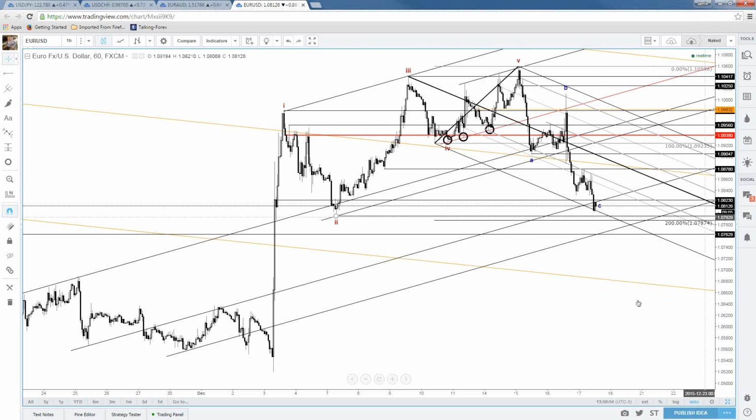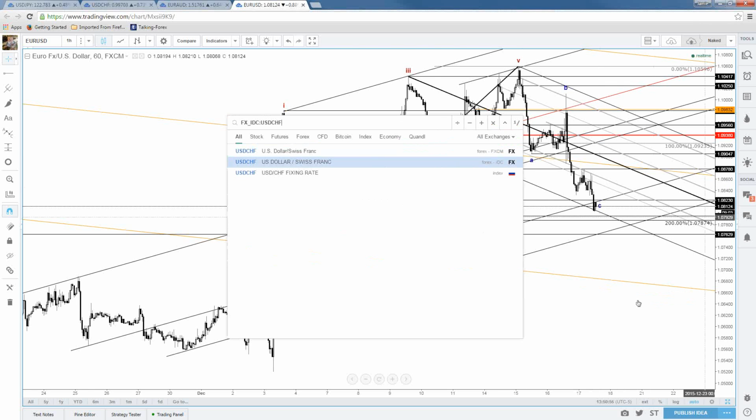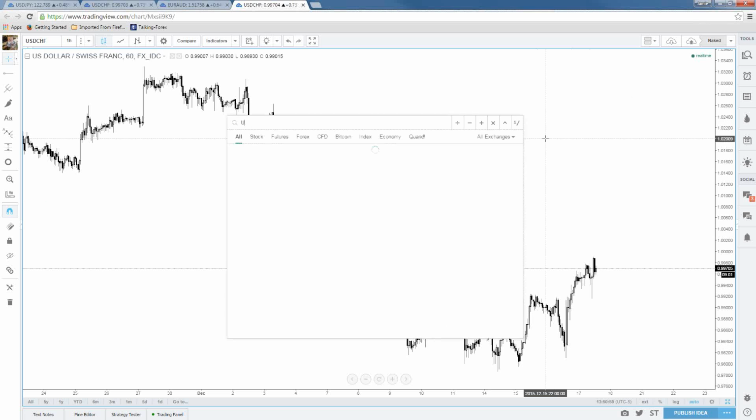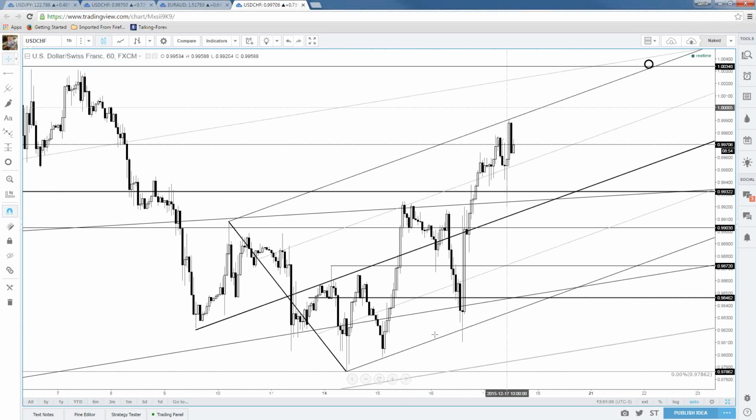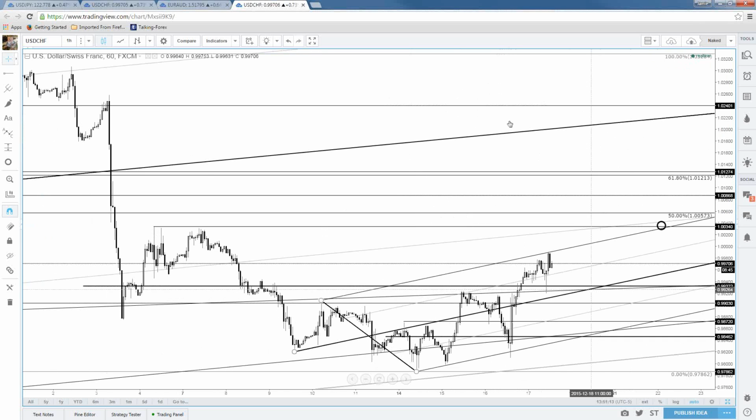And finally, dollar Swiss. It's a good looking short-term chart here. You can actually see this morning, that dollar rally peaked out really right at this thing. So at this point, I'd be watching for support around 99.30.